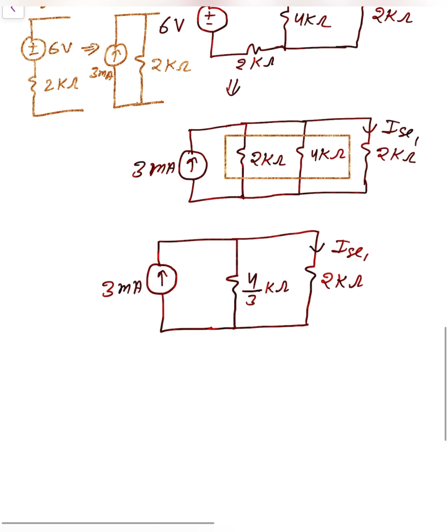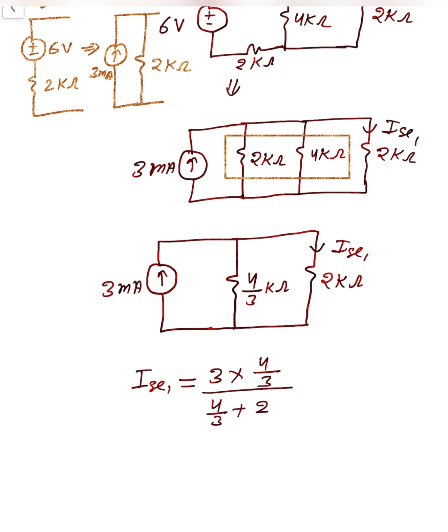Here apply the current division rule: 3 into 4 by 3 divided by 4 by 3 plus 2. That is 3 into 4 whole divided by 4 plus 6, which is 12 divided by 10, so we get 1.2 milliampere. That is ISC1.